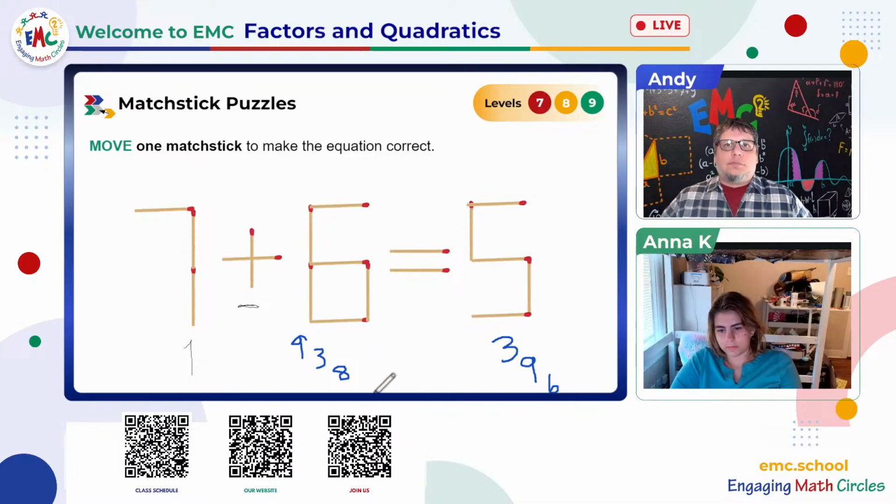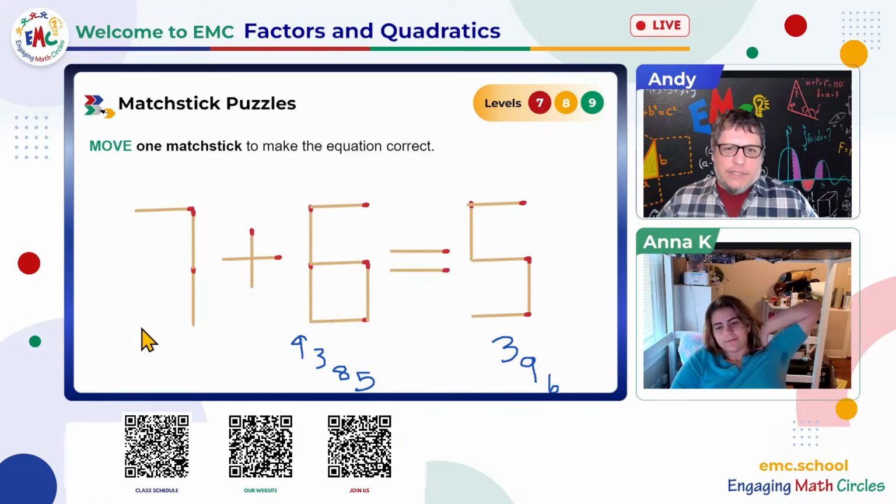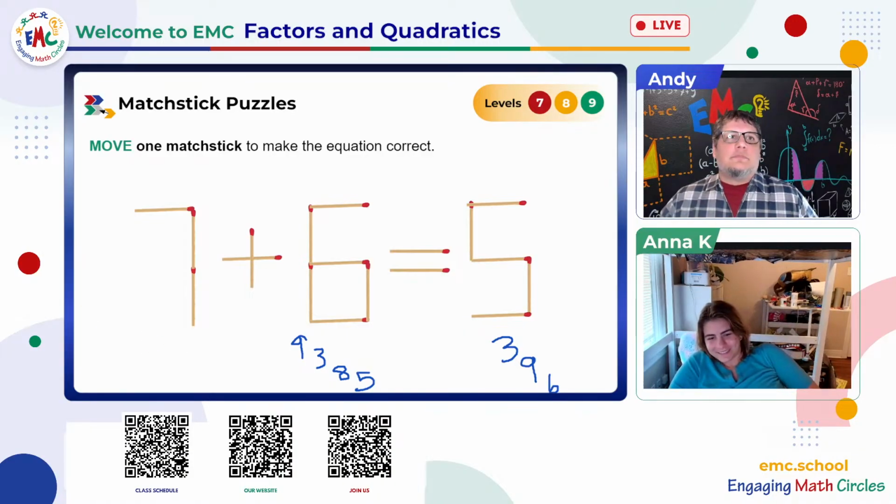If I take this away, and 5, yeah. Oh, we can make 1 plus 5 equals 6. But I can only move one matchstick. With 2 matchsticks, absolutely. This one's tricky. It wouldn't even work with 2 matchsticks.